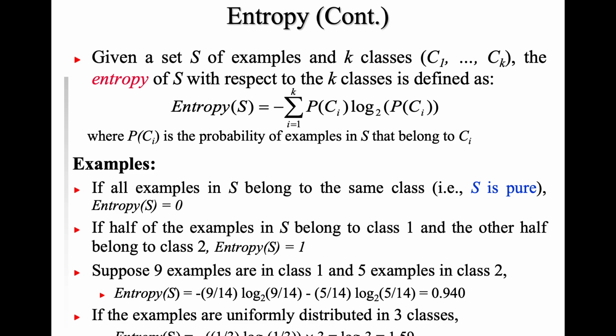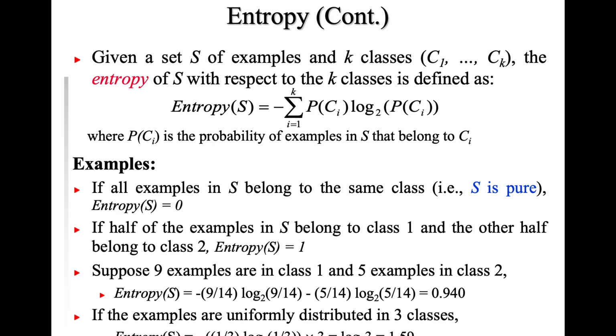In the example of the outlook, the weather to predict whether a day is suitable for playing tennis or not, how many classes did we have? 2, right? The class labels were either no or yes. So we had 2.